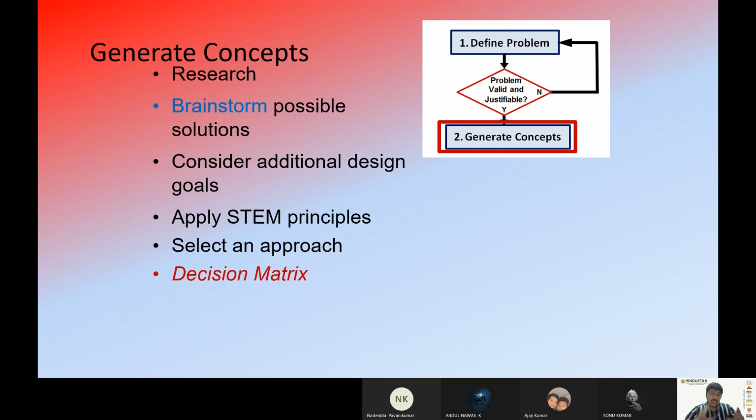So one objective is there for the particular system or the particular design. Yes, that is good, but you need to take care of the additional goals also. The additional goals in the sense, right? If you are taking mobile phones, you should consider human beings also. You should consider living organisms also.